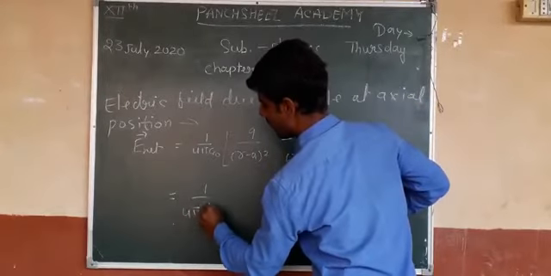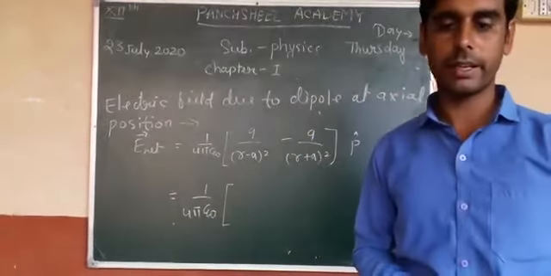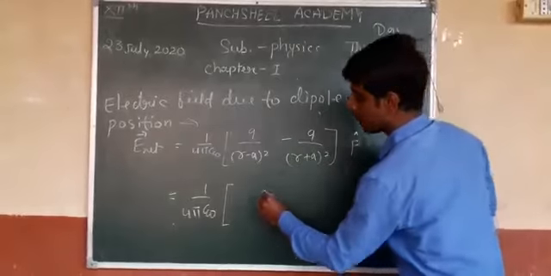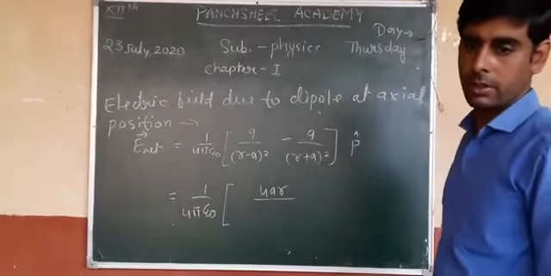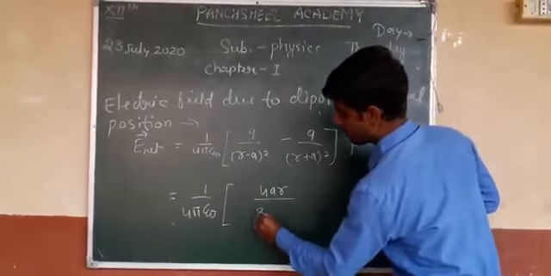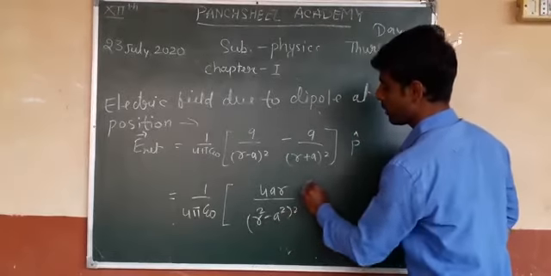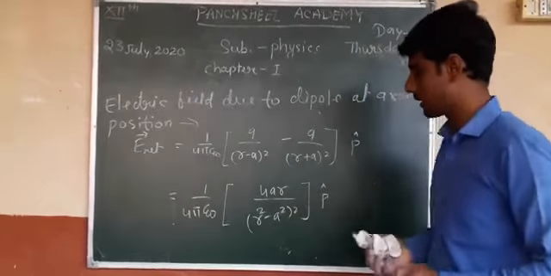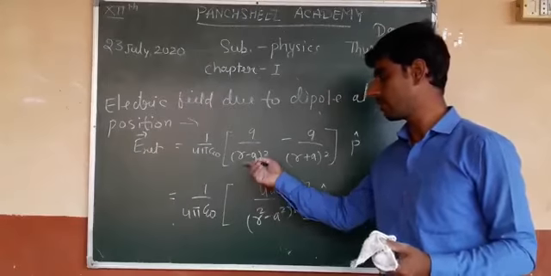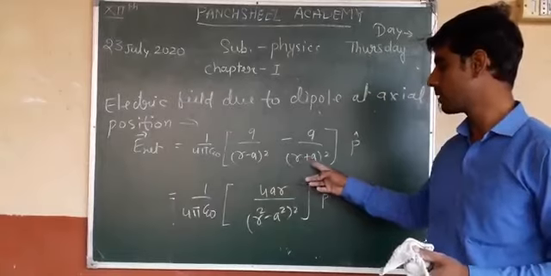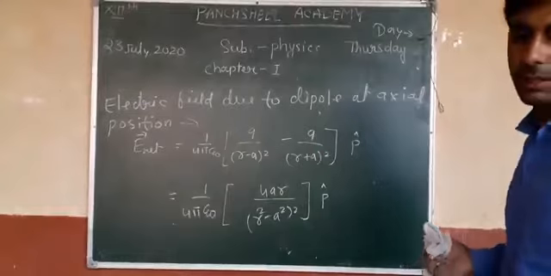If you solve this, then you will get 4ar upon (r square minus a square) whole square, and this is the P vector. Take the LCM like this, with r square plus a square minus 2ar and r square plus a square plus 2ar, and you will get the result.